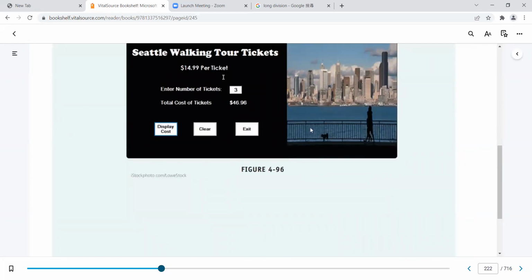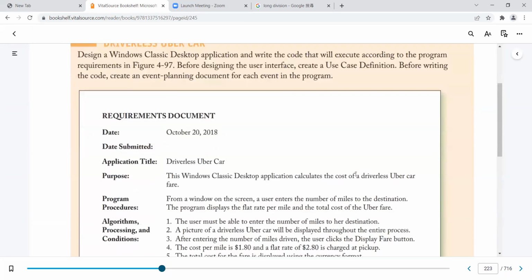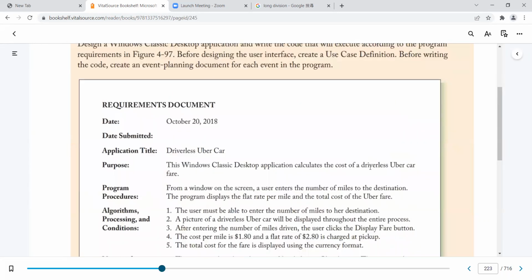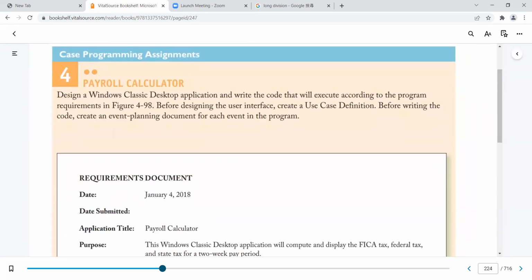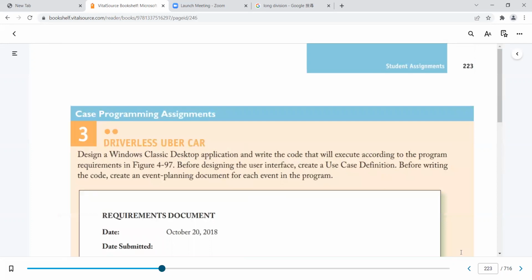You see, it's exactly the same as your beach bike rental. The only difference is that the picture is not at the bottom, it's on the right, but what's inside here is the same. And here you have the Uber car. I have a lot of students do the Uber car. You can design your own images in Uber car.